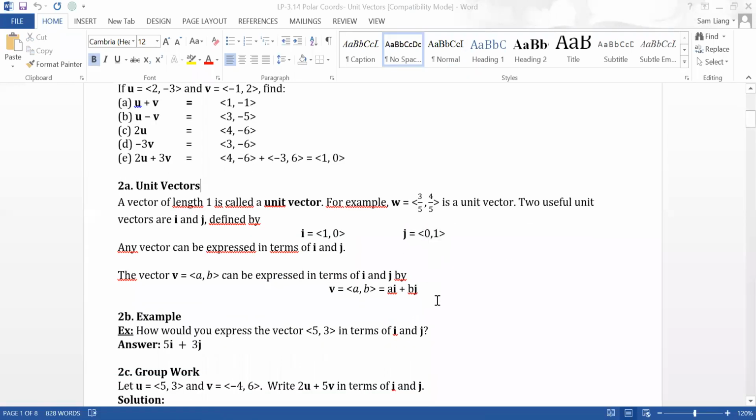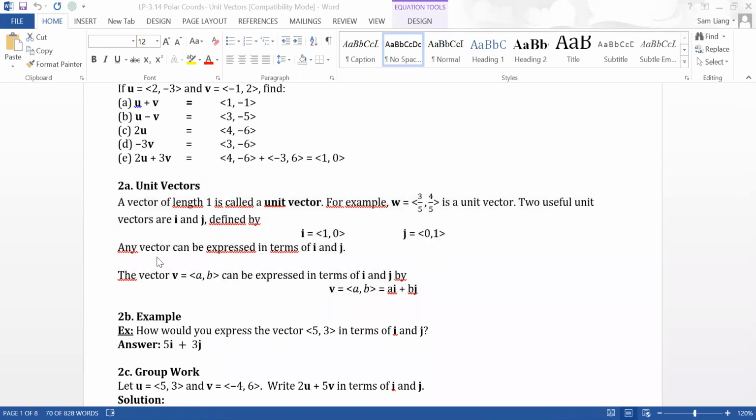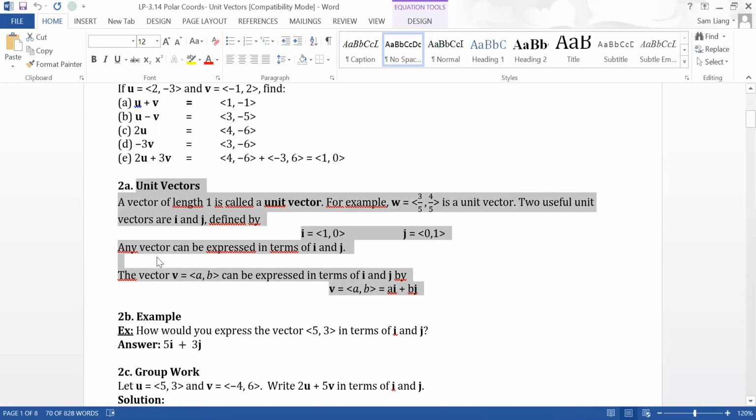Which is right here. Can someone read this definition first, please? A vector of length 1 is called a unit vector. For example, W equals 3/5, 4/5 is a unit vector.